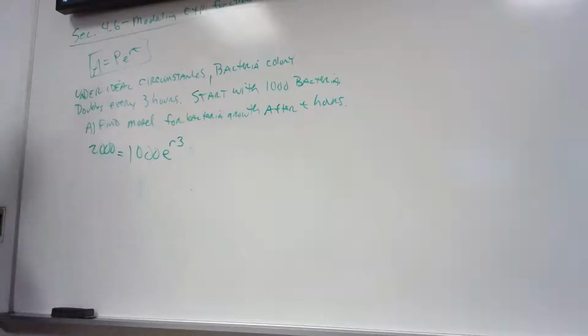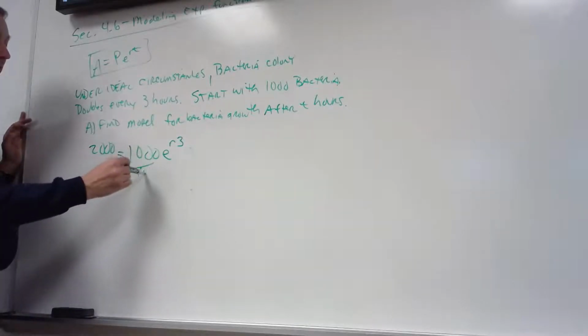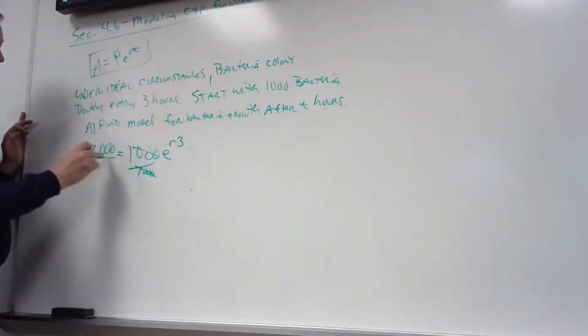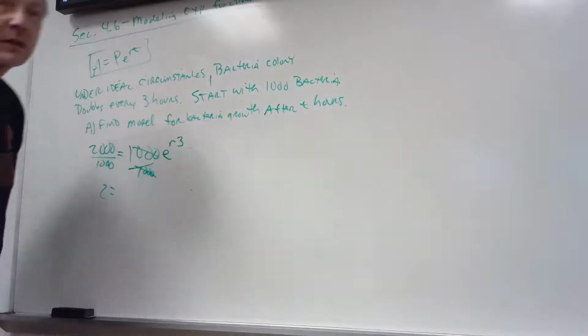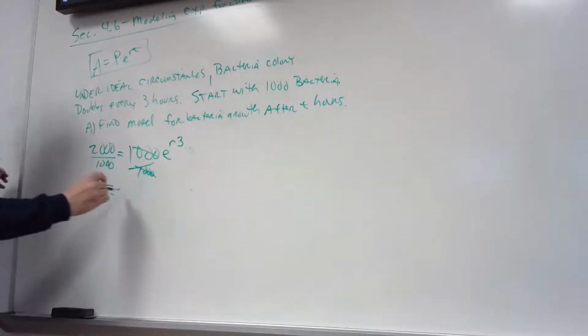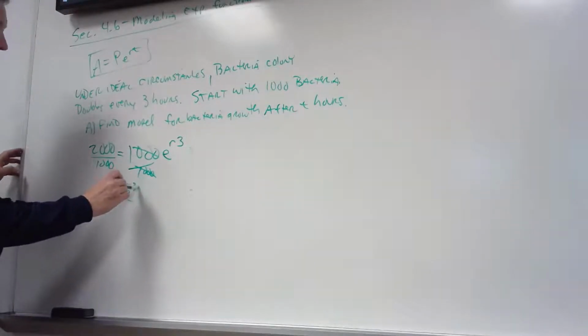Okay? So what we can do is figure out what the rate is. How would you solve for the rate in this case? Would we first divide by 1,000? We're left with 2 equals e to the 3r.